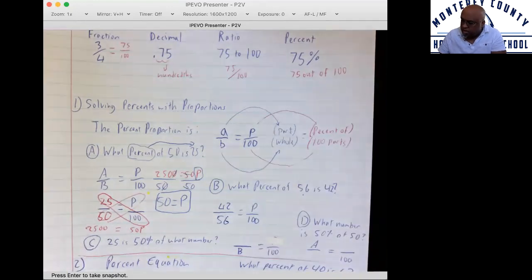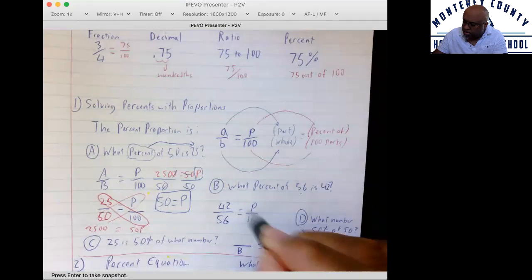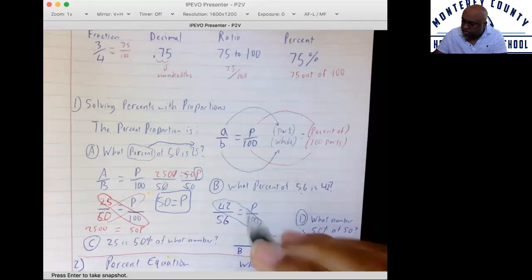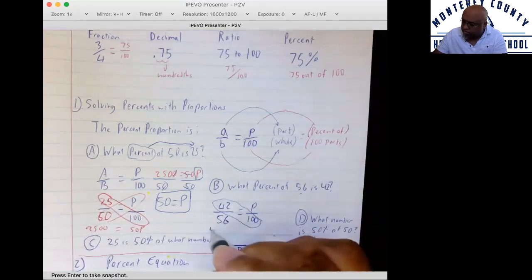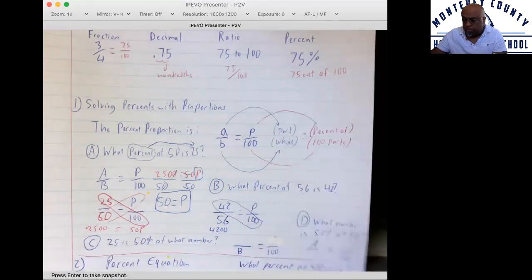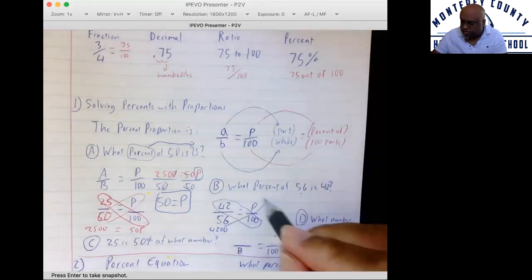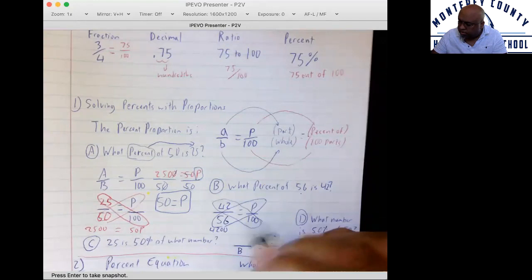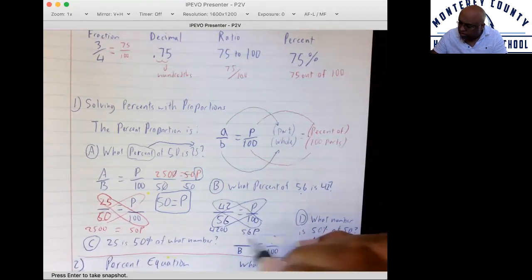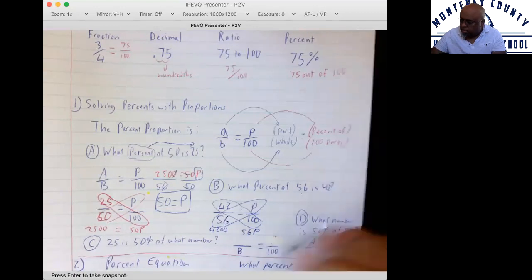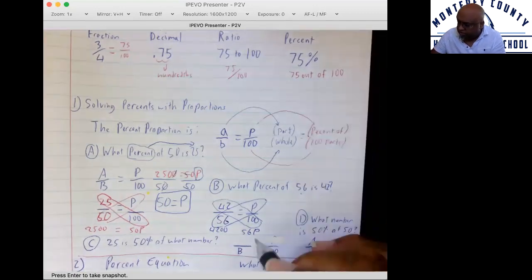Okay, now we cross multiply again. 100 times 42 is 4,200. Multiplying by 100 is kind of easy if you practice. 56 times P is 56P. And we divide both numbers by 56.